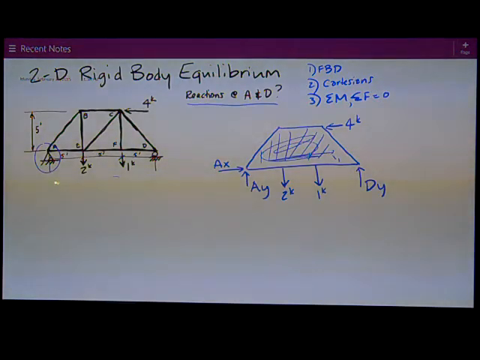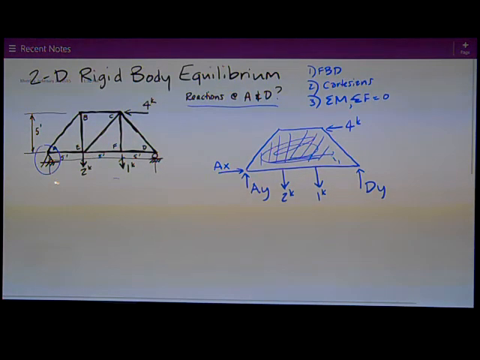Make a little note to myself, my dimensions are 5 feet in the vertical and 5 foot bays, or 5, 5, and 5. There I've got a beautiful free body diagram that tells me everything I need to know to solve it. Everything is in X and Y, so I don't need to worry about geometry or getting everything in Cartesians. I've just kind of done that as I drew the free body diagram.